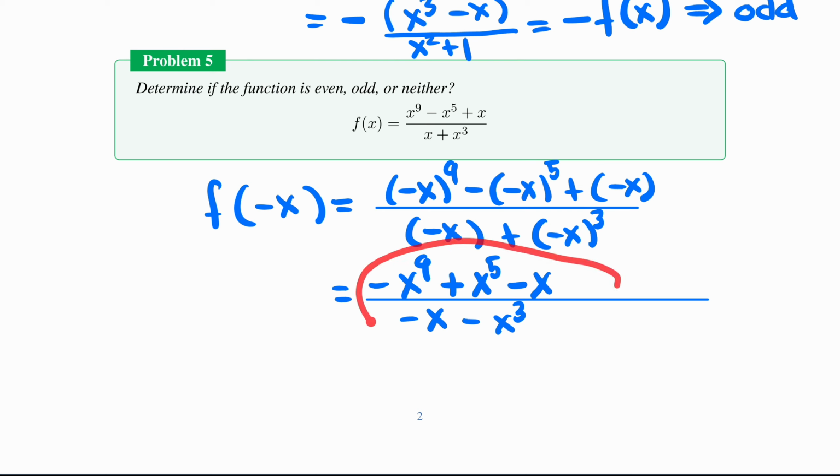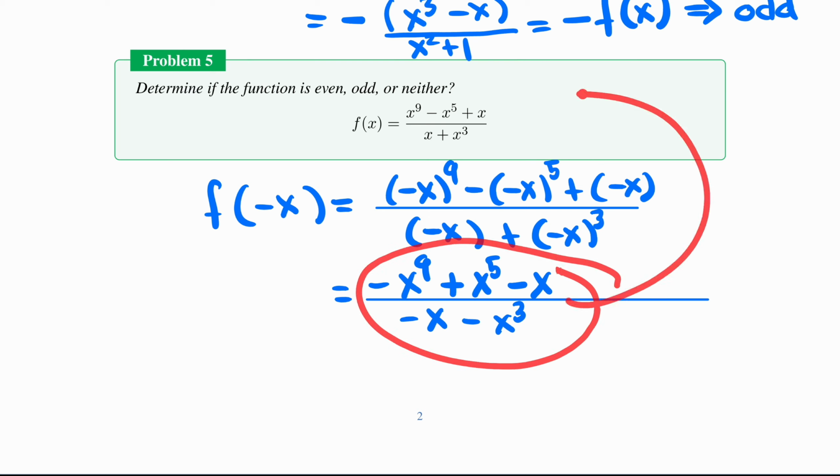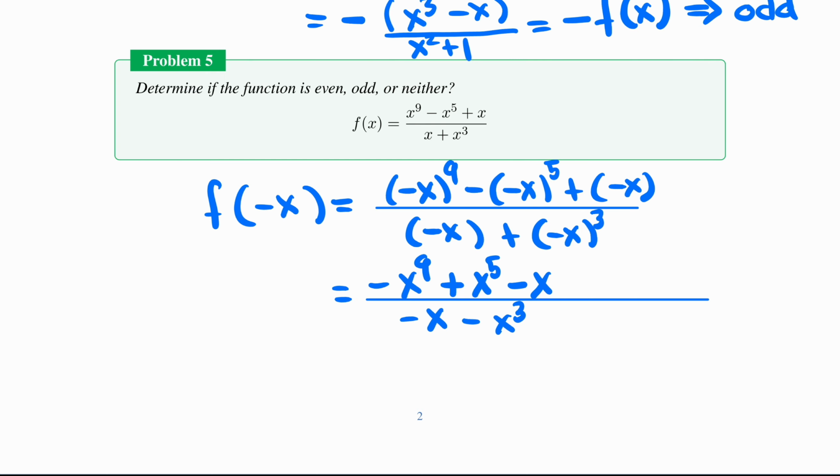Is this the original one? It doesn't look like it. However, let's analyze this a little bit carefully this time before we conclude that it's not an even function. What's the difference? Well, this is positive, this is negative.